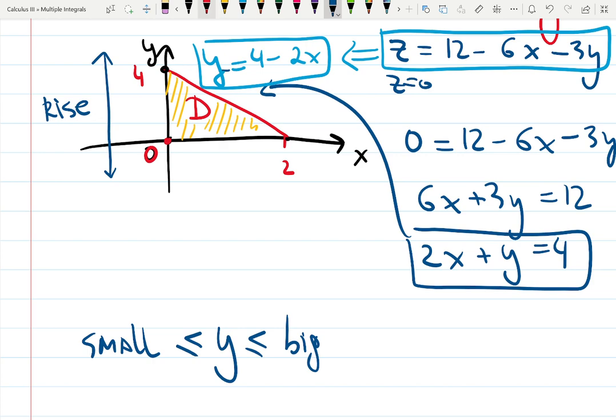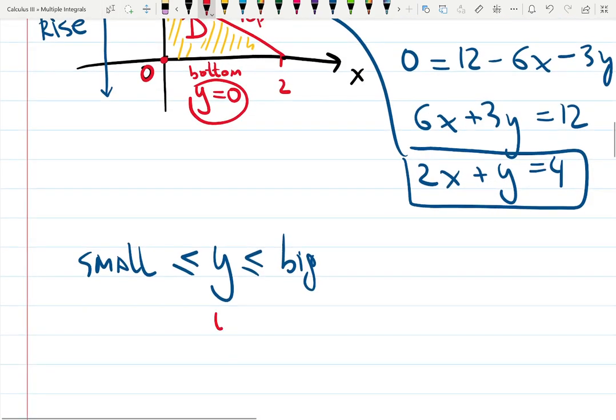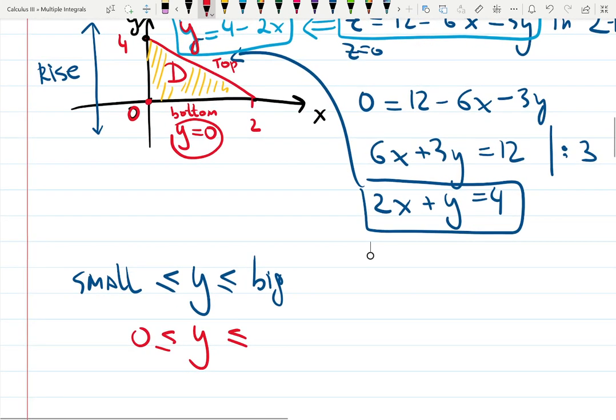Who is on the top? This function is on the top. This one is at the bottom, so it's the smaller one. What's the name of this function? It should be y equals 0. So you know that y will be between 0 and this function we just found. How did we find it? By setting z to be 0. And it's always going to be like this, at least in this chapter.